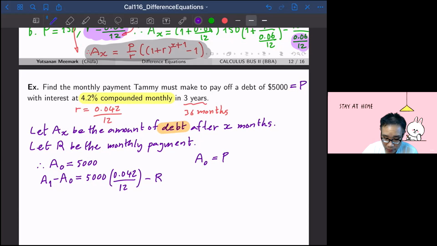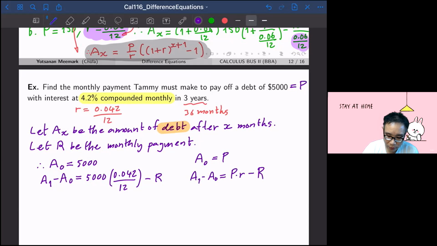Okay, and you have your A1 minus A0, which is P times R. Okay, so you have P times R, and you're going to have minus the monthly payment that you have. Okay, so that will be the change in your debt. So your debt will become smaller.